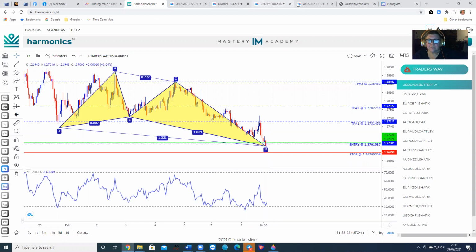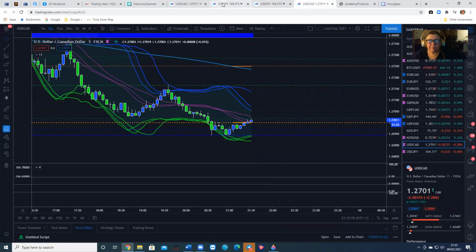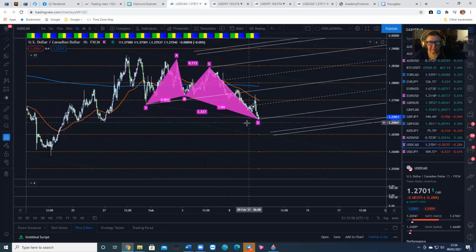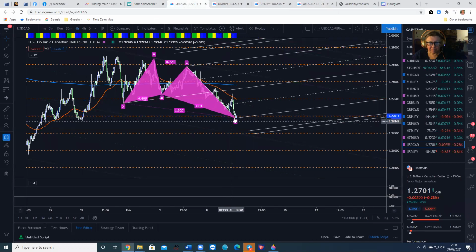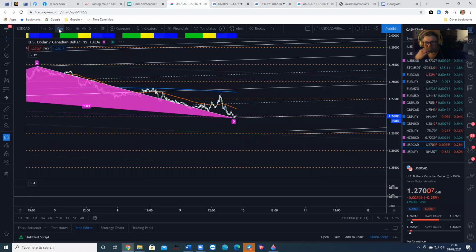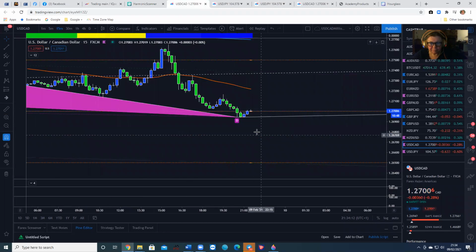But when you come over to see it on here, there it is, that green one. That was that last push down on the hour, and it just completed to the D point. If you come to the 15-minute, let's just magnify it for you. You've got 4 15-minute candles make the hourly. There's the 100-hour candle.